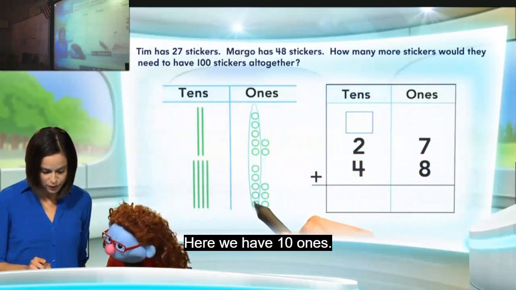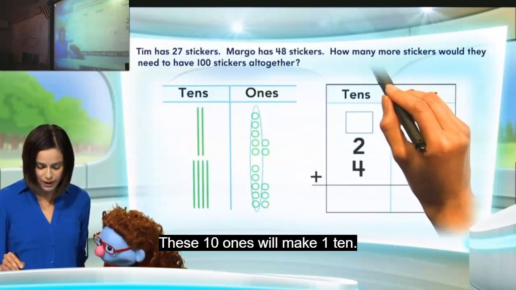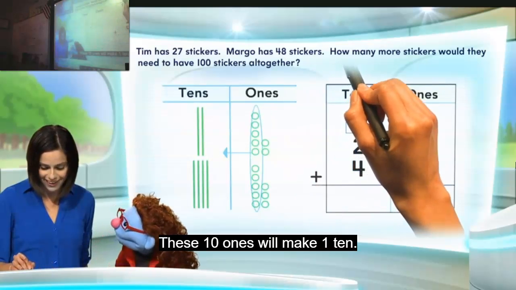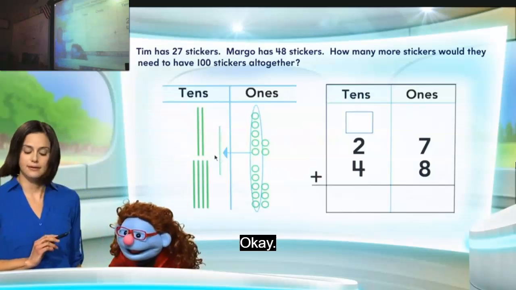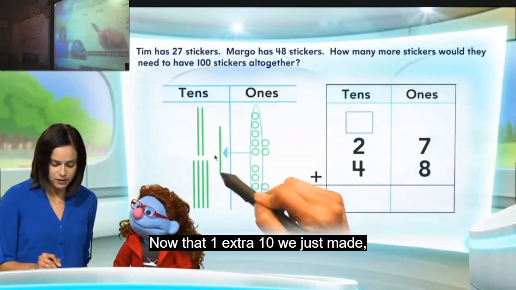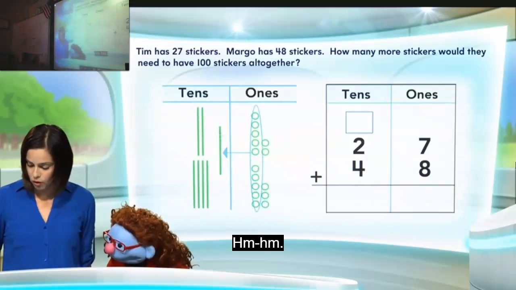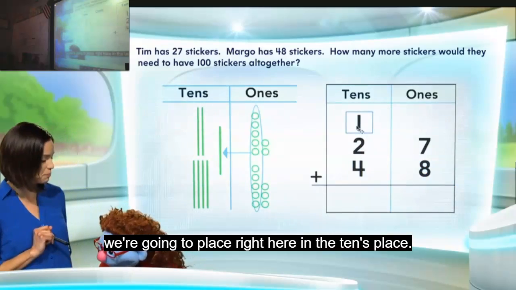Brilliant. Here we have 10 ones. These 10 ones will make 1 ten. Okay. Now that 1 extra 10 we just made, we're going to place right here in the tens place.